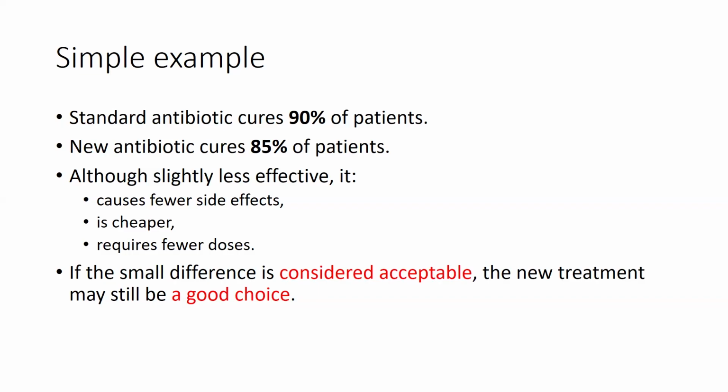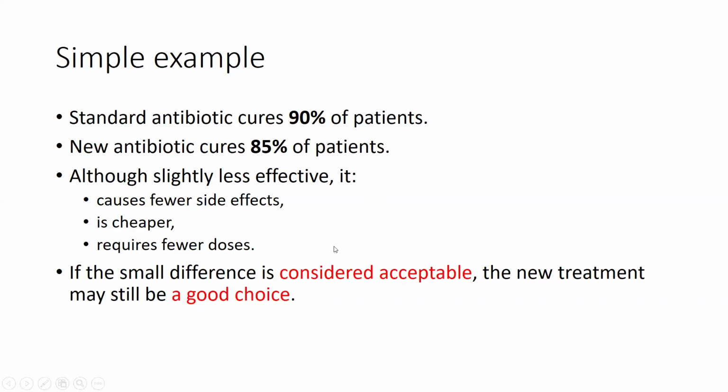So why can't we use it at 85%? We have to decide. If the small difference is considered acceptable, if we accept that 5% is okay, there is no problem. This is called non-inferiority margin. The new treatment may still be a good choice. So this is the example of this non-inferiority trial.